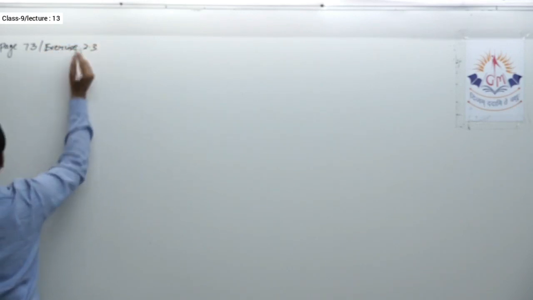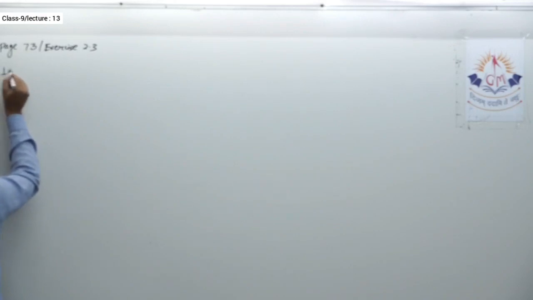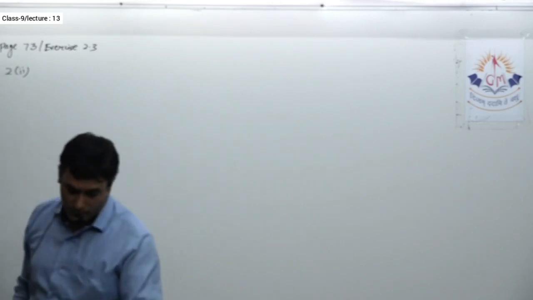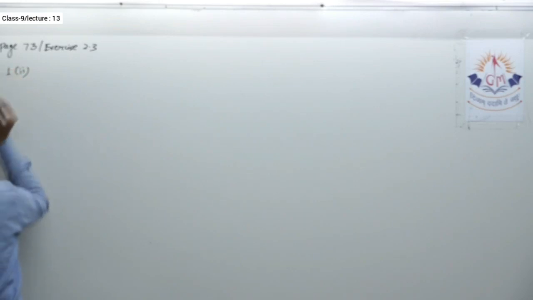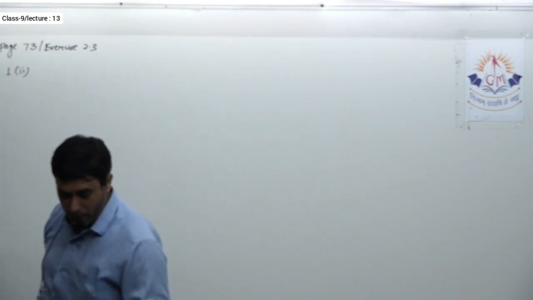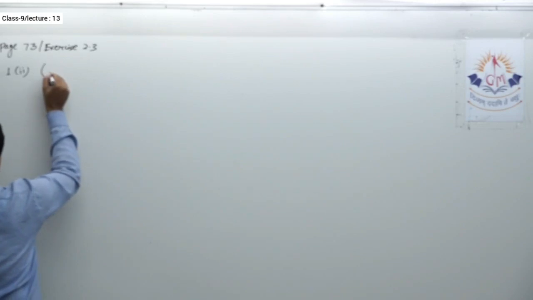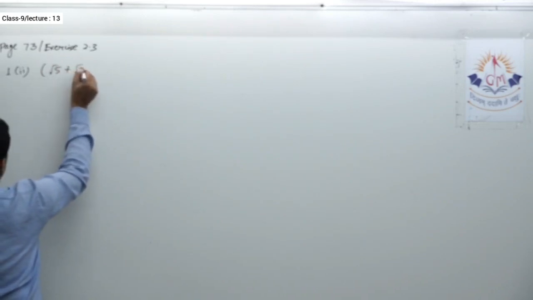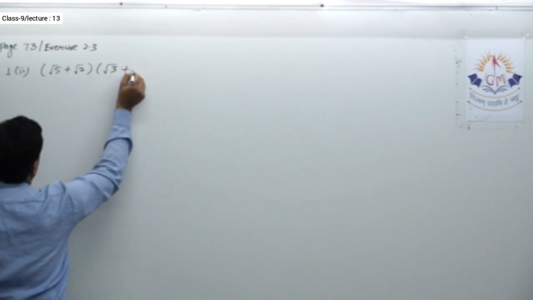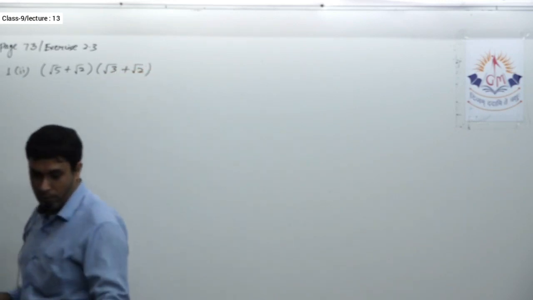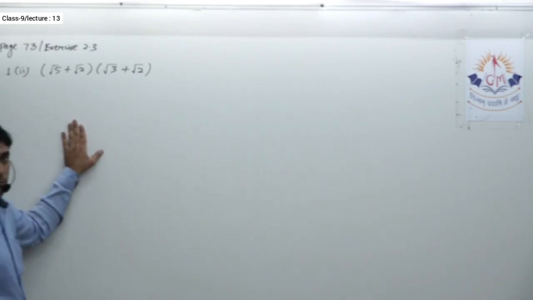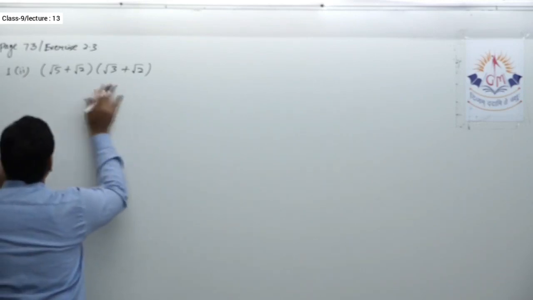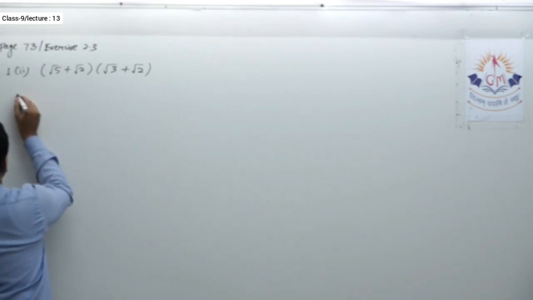In this, first we'll see question number 2, its second one. Or before that, question number 1, its second one. Okay, so simplify root 5 plus root 2, root 3 plus root 2. You have to simplify this. So for simplification of this, you have to multiply this binomial. So let us see its solution.